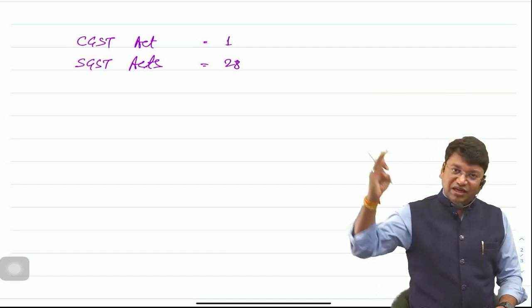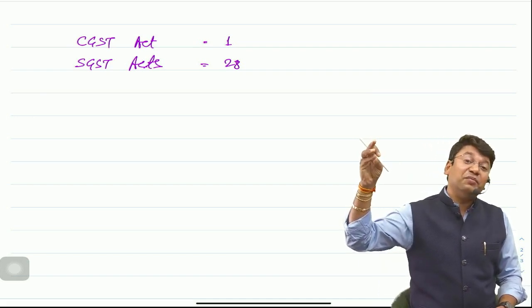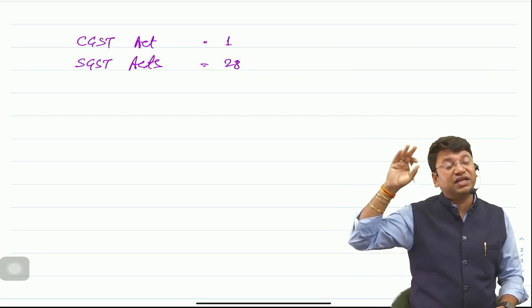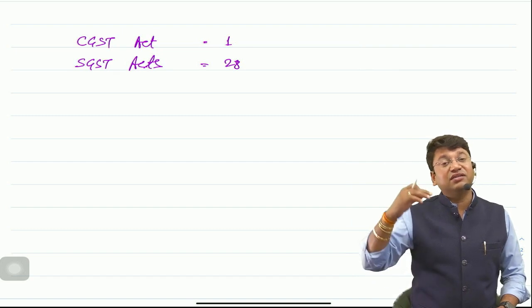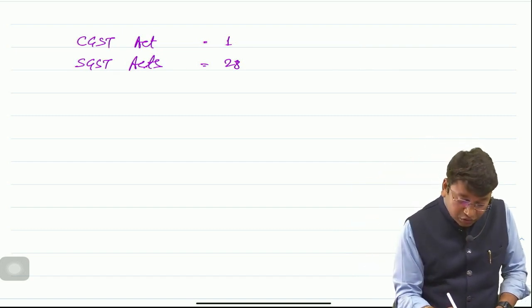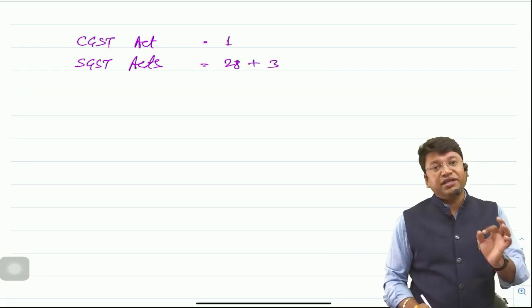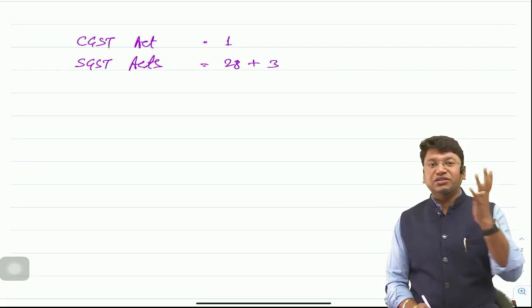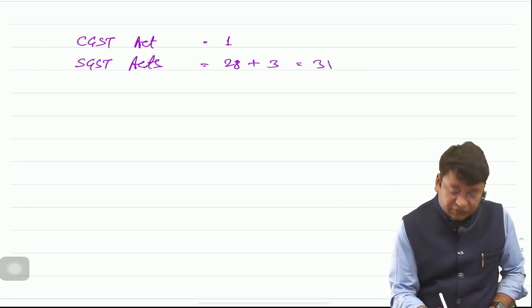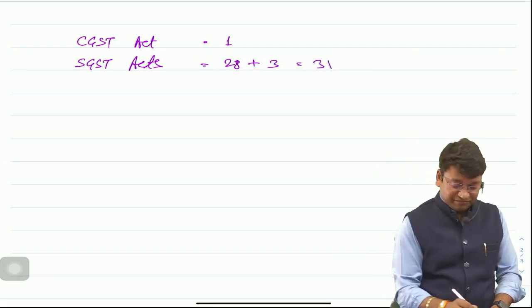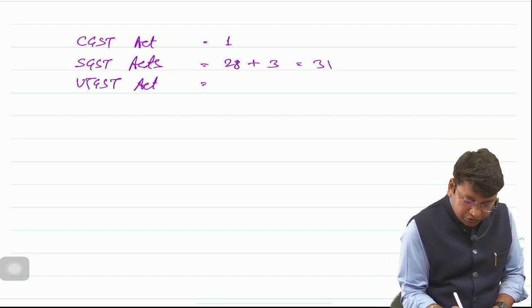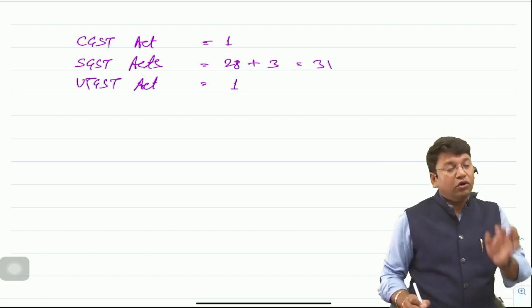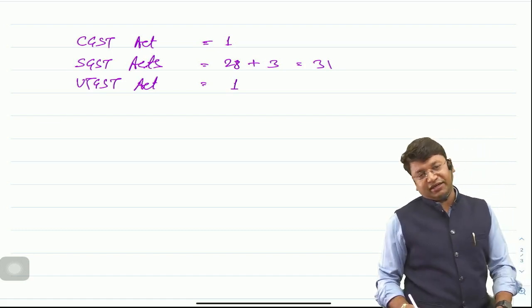That's why these 3 union territories have their own SGST Act. So 28 states plus 3 union territories, a total of 31 SGST Acts are there. And for the other union territories, there is one common UTGST Act which is applicable to all the remaining union territories.